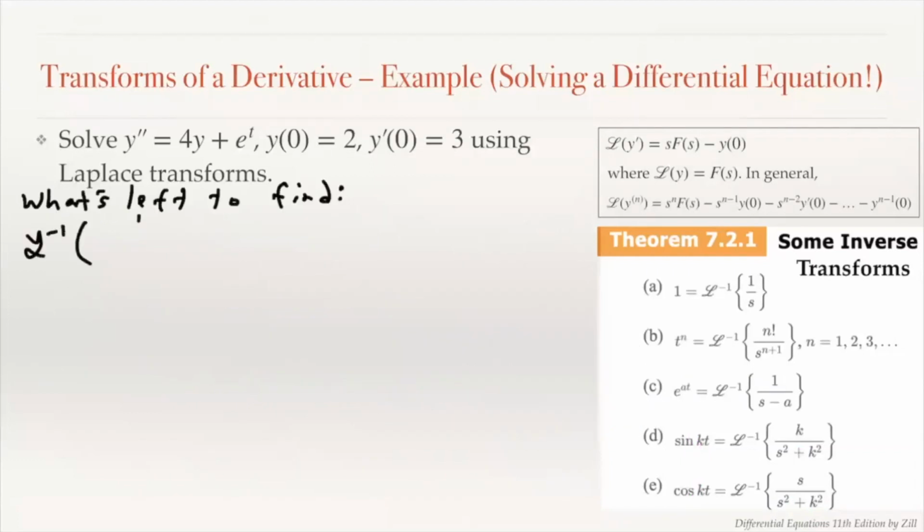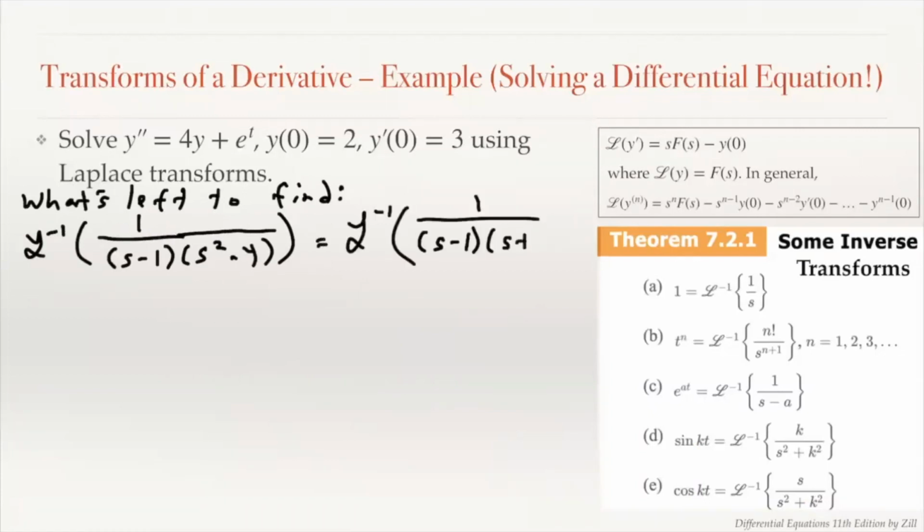Okay, so what was left for us to find was the inverse transform of 1 over s minus 1 times s squared minus 4. We want to factor this, and s squared minus 4 is s plus 2 times s minus 2. And we can do this partial fraction decomposition in the usual way.